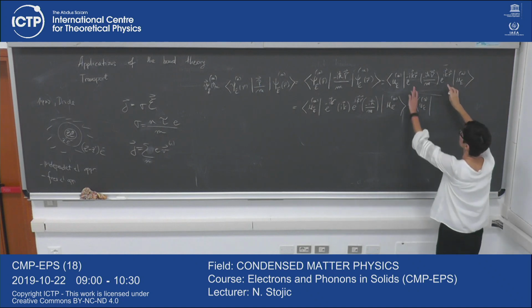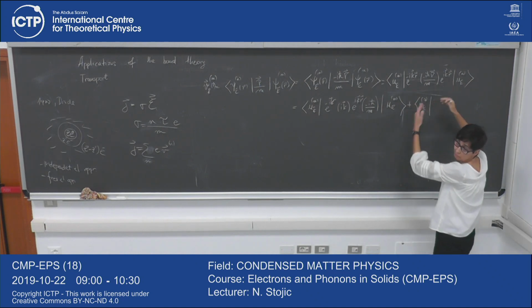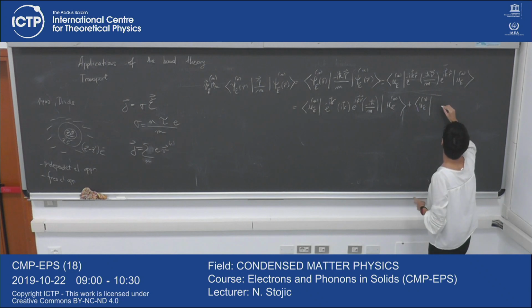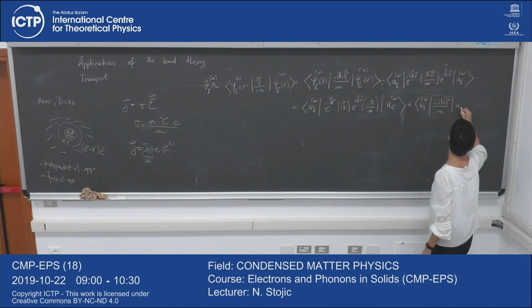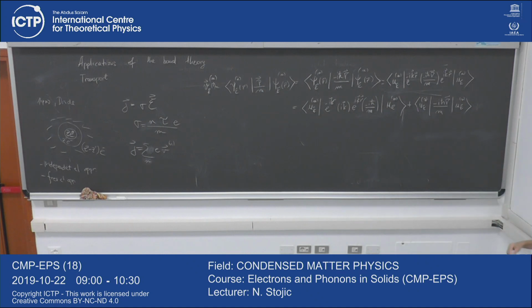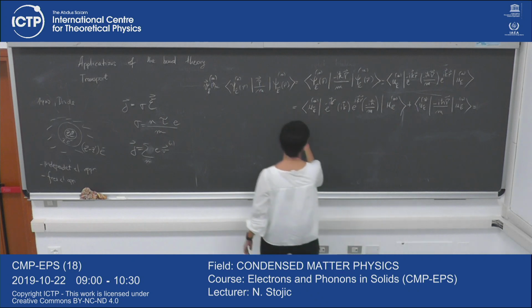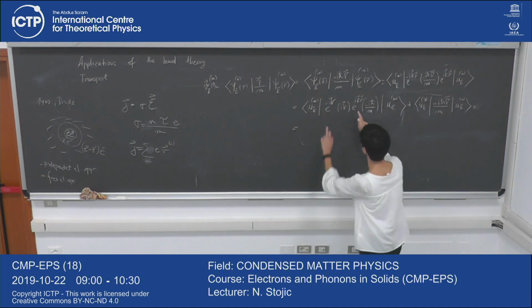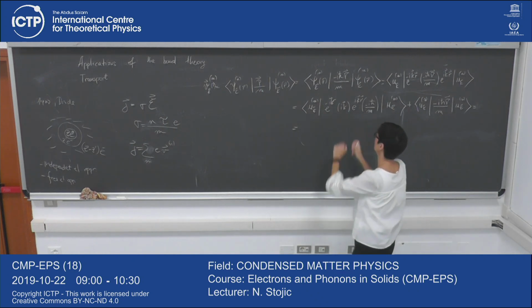So I have these two inside, they give 1. These two can be multiplied, take them out.